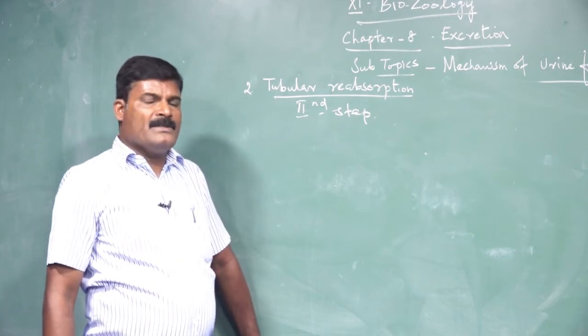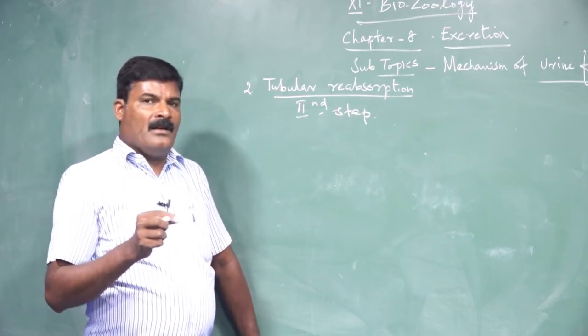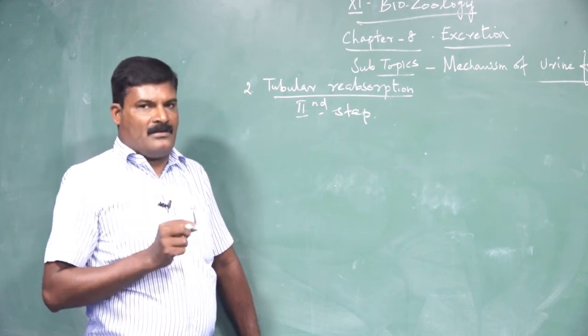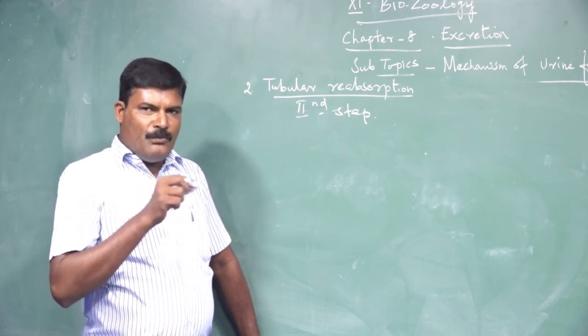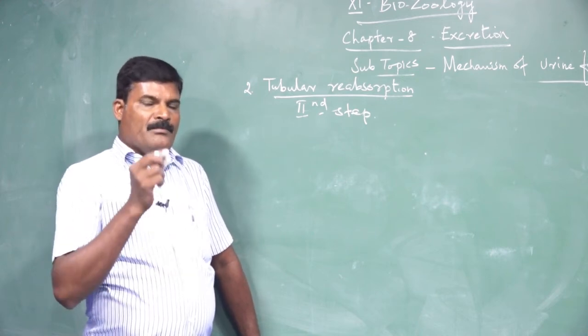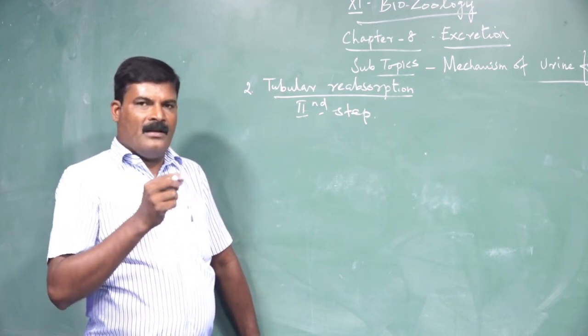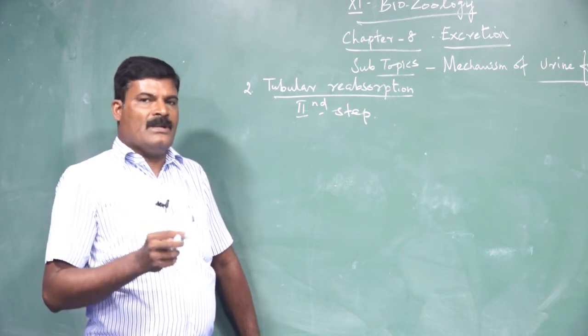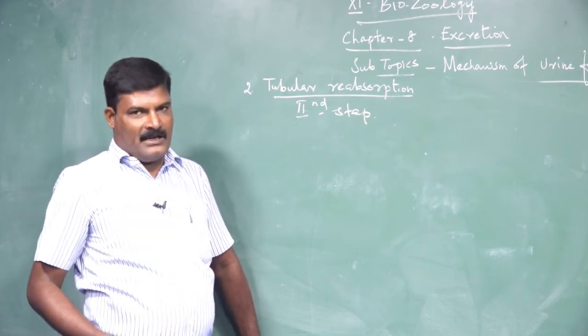The tubular reabsorption takes place in the nephron, particularly the tubules of the nephron, or uriniferous tubules: the proximal convoluted tubule, Henle's loop, distal convoluted tubule and collecting ducts.